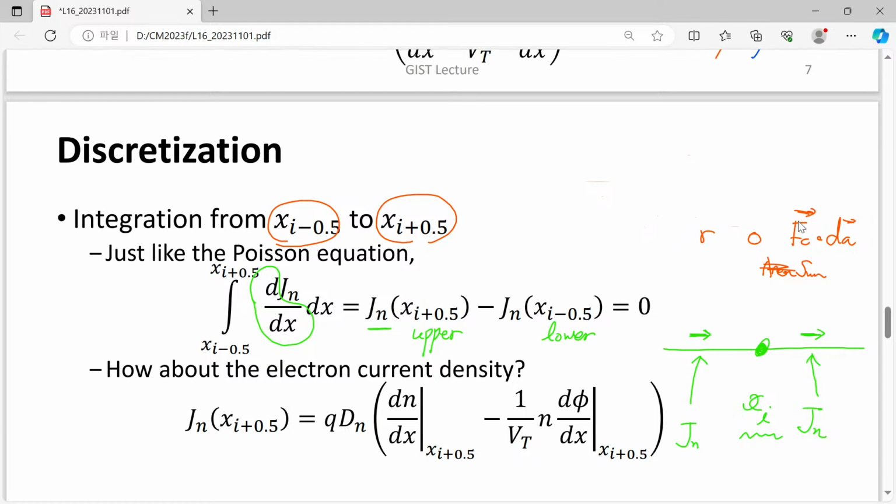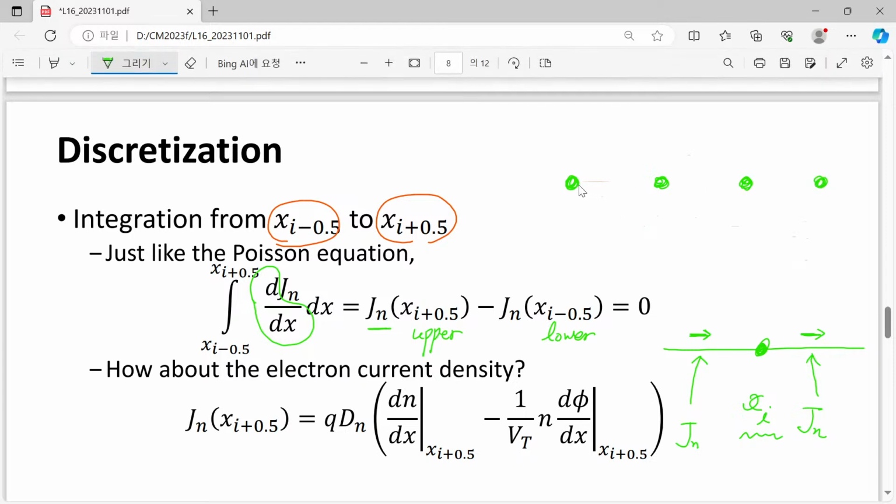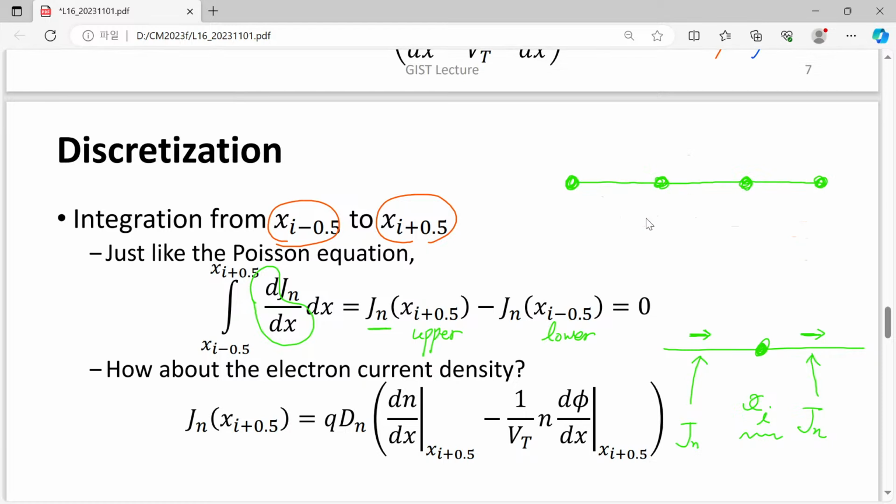Okay, then let me just give you a simple question. Now let's say that we have only 4 points in our entire system. Let's say that we have only a 4 node system. Then we want to apply this kind of discretization.